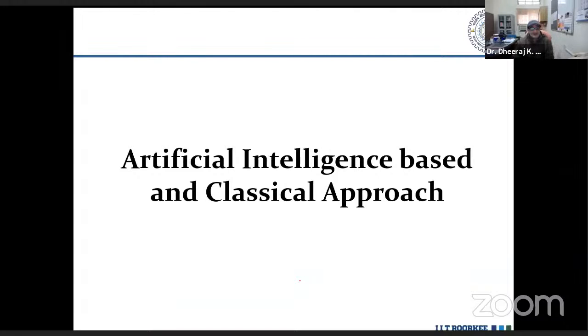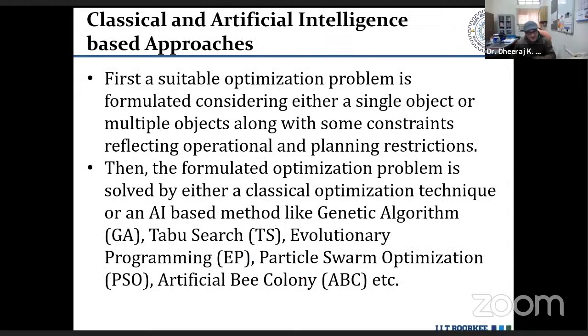Now, how can we solve the same problem using classical and AI based approaches. In this, first we have to develop a suitable optimization problem which can have either one objective or multiple objectives, and there will be some constraints reflecting operational and planning restrictions.